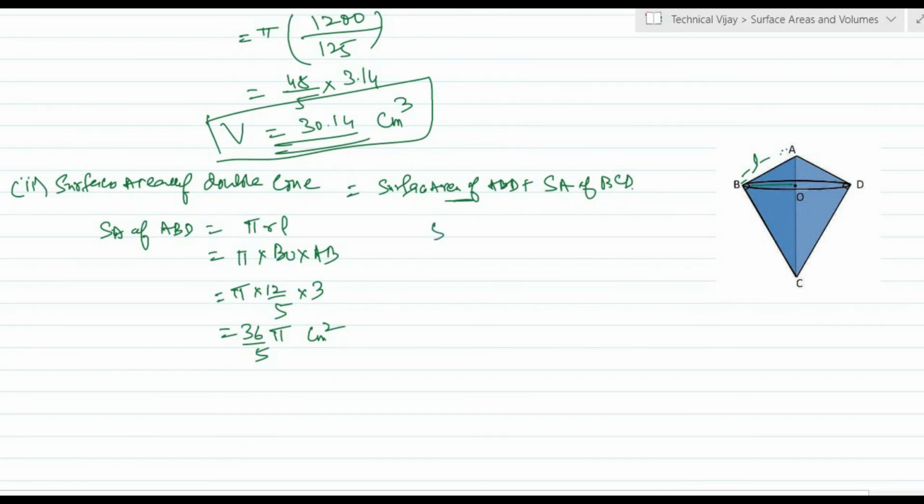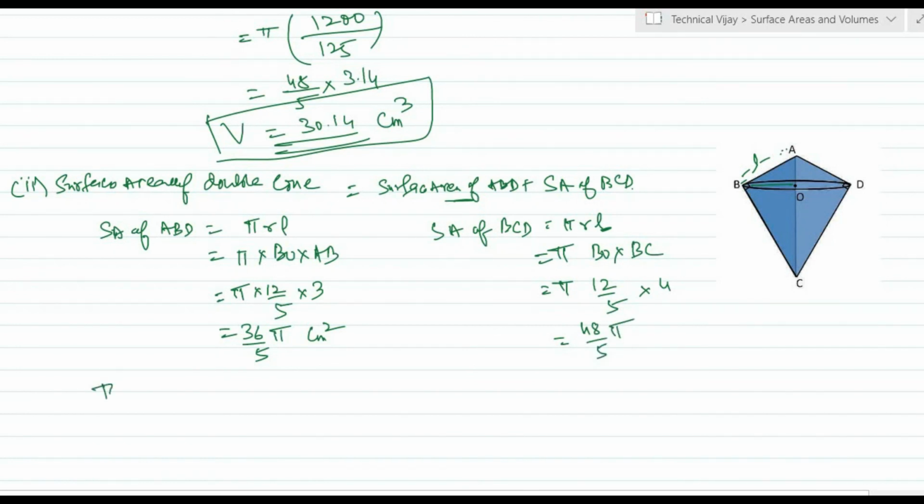So now surface area of BCD is equal to pi RL. Here pi into R, same BO, into L. L means BC. So here pi into 12 by 5 into 4. So 12 fours are 48. 48 by 5 into pi.